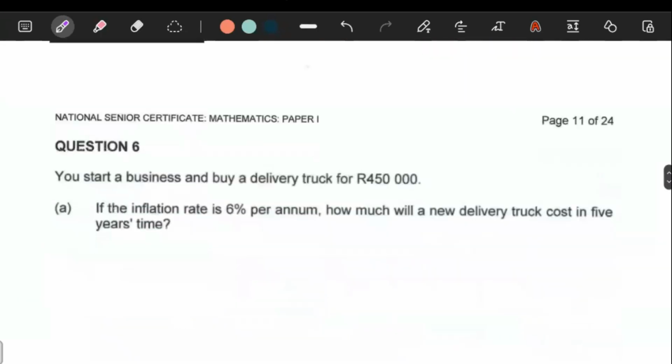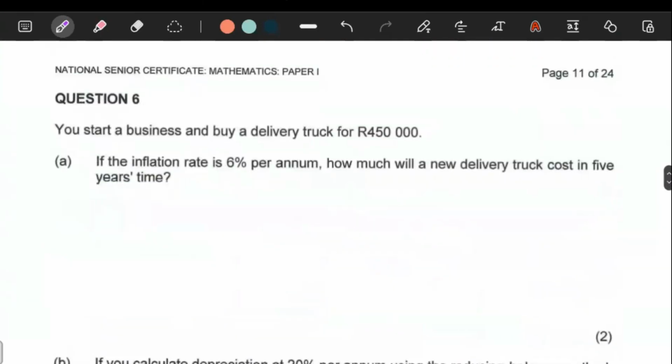Question number 6 says, you start a business and buy a delivery truck for 450,000. If the inflation rate is 6% per annum, how much will a new delivery truck cost in 5 years' time?